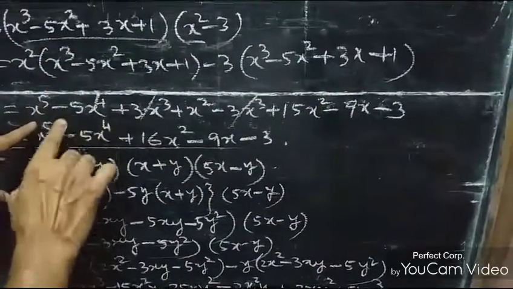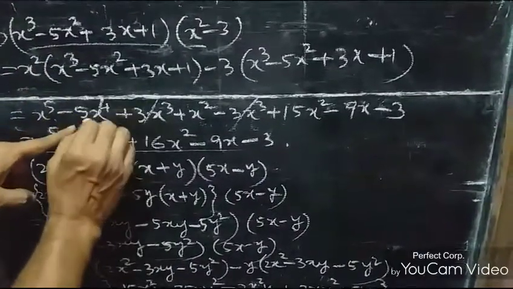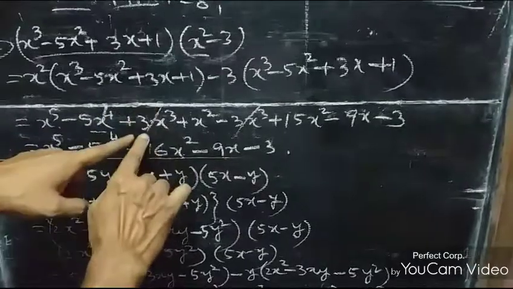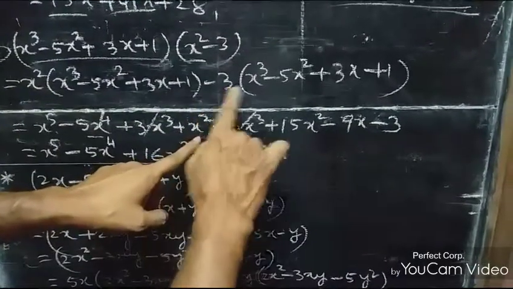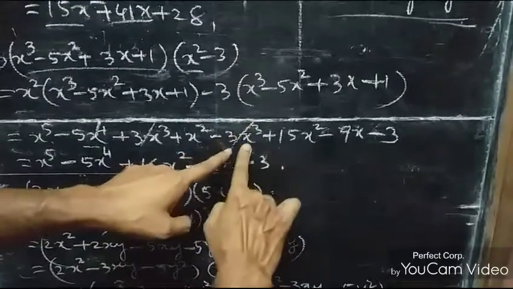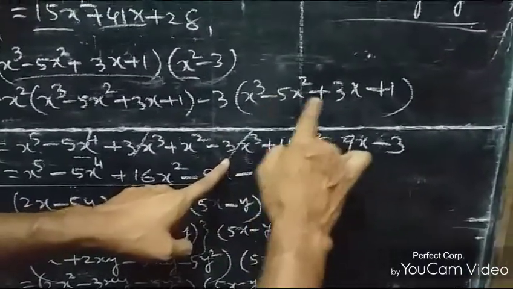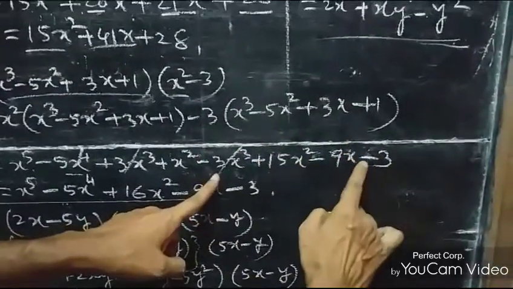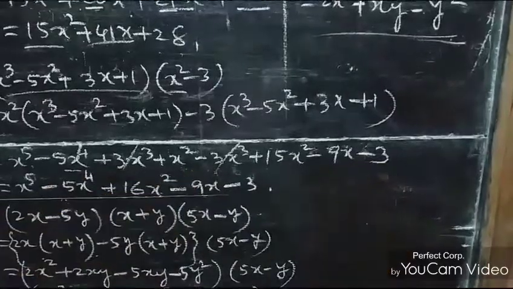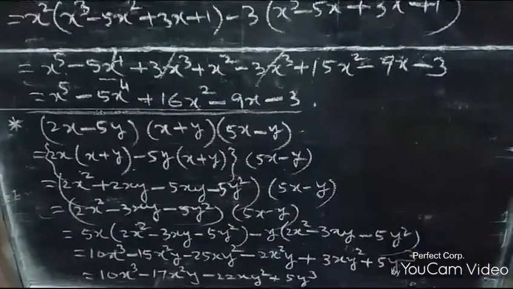Do this multiplication: x square into x cubed gives x to the power 5, minus 5x to the power 4 plus 3x cubed plus x square, then minus into plus is minus 3x cubed, minus into minus is plus 15x square, plus into minus is minus 9x, and minus into minus is plus, equal to 3. Now calculate all these things.